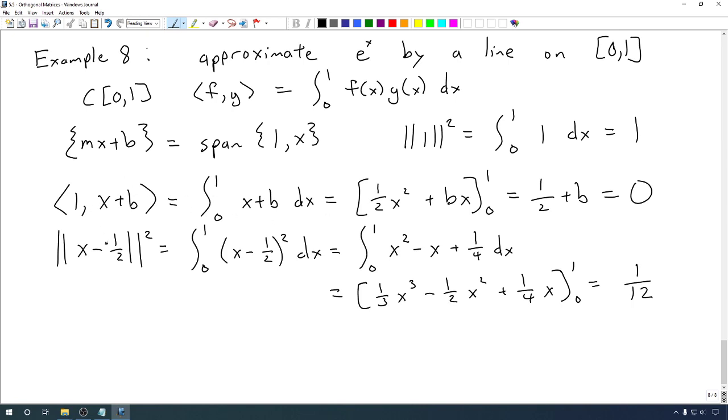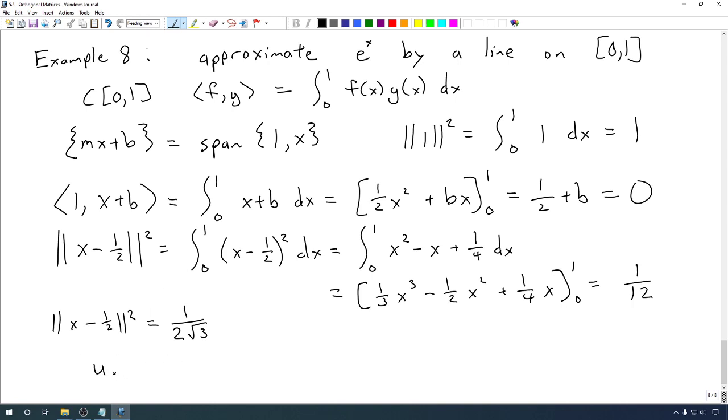Remember, though, that this is the square of the magnitude, so we actually do need to take the square root of that. And so what do we have? We have that the magnitude of this is 1 over, now there is a 4 in 12, so I'm going to pull that out. The square root of 4 is 2, and then we're left with the square root of 3. That's the other part of 12.